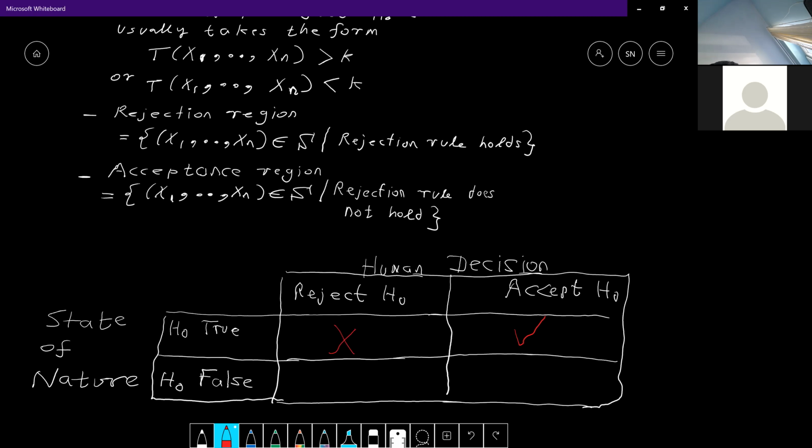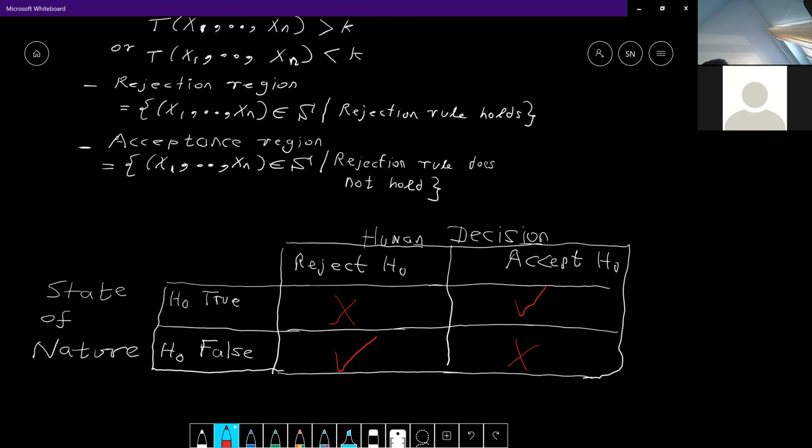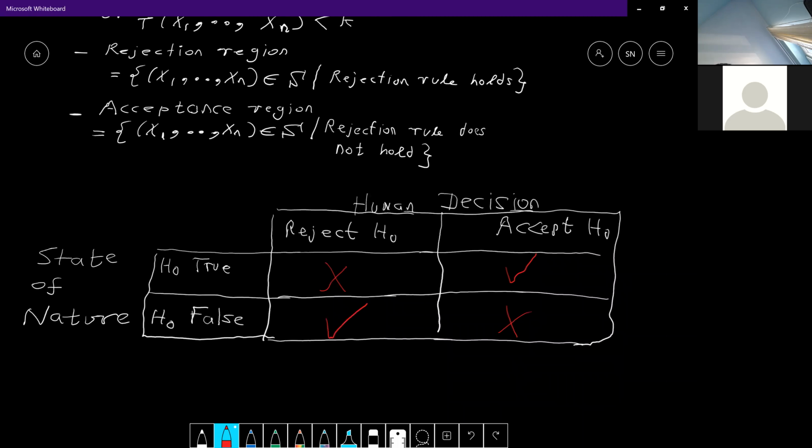If H0 is false and you're rejecting the null hypothesis, then what you're doing is correct. If H0 is false and you're accepting it, what you're doing is not correct. So that's four outcomes, and two of them are not correct things to do, and two of them are the correct things to do. Do you follow me?